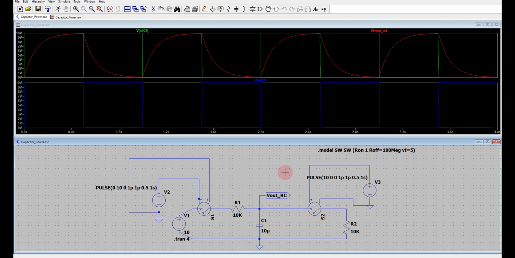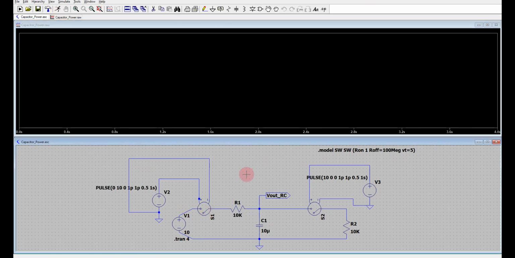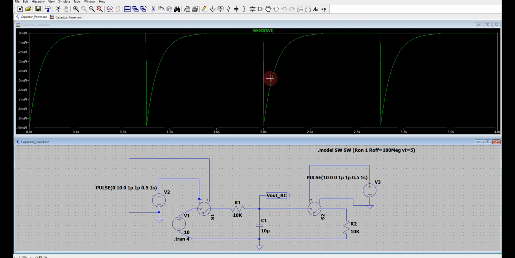So let's plot that. Let me close this window and run it once again, and now I am going to plot all the powers. Okay, this is the power of the source.